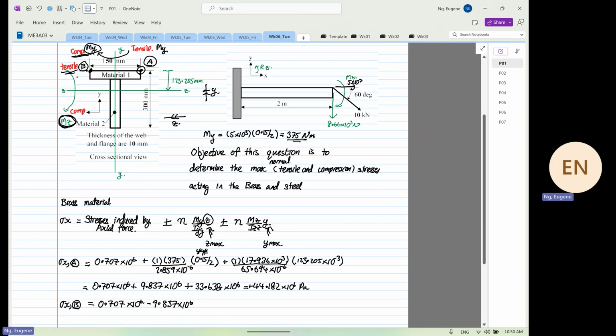Moment about Z is still tensile, yes or no? So plus 33.638 times 10 to the power 6. So this will be equal to 0.707 minus 9.837 plus 33.638 equal to 24.508 times 10 to the power 6 Pascal.